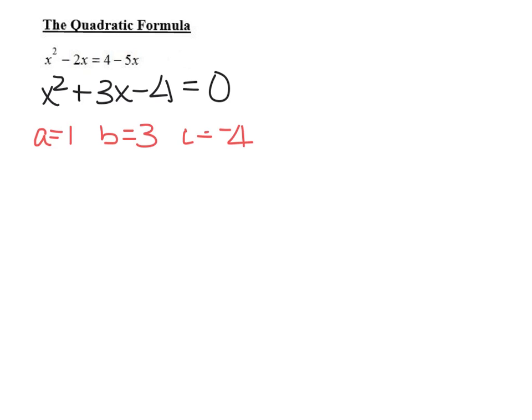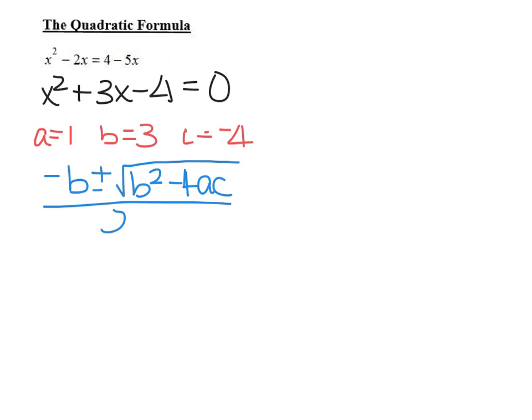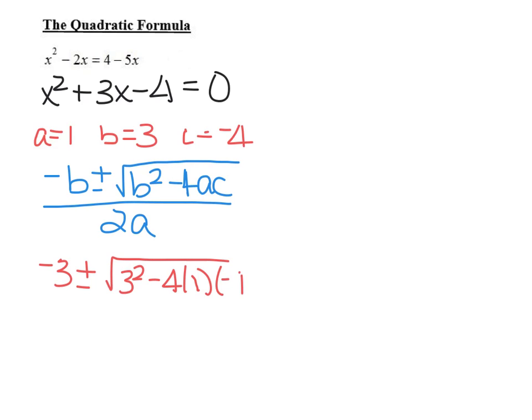Quadratic formula is opposite of b plus or minus the square root of b squared minus 4ac all over 2a. And so if we substitute in our values, we'll have negative 3 plus or minus the square root of 3 squared minus 4 times 1 times negative 4 all over 2 times 1.